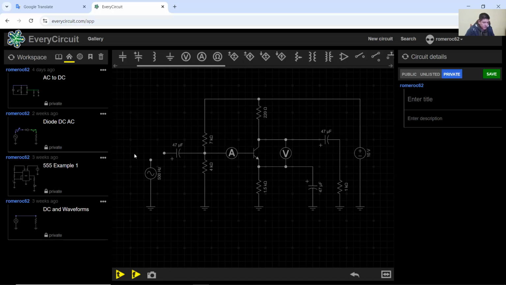Okay, disconnect the alternating current source. Okay, and run time domain simulation. Okay, and I will take notes.